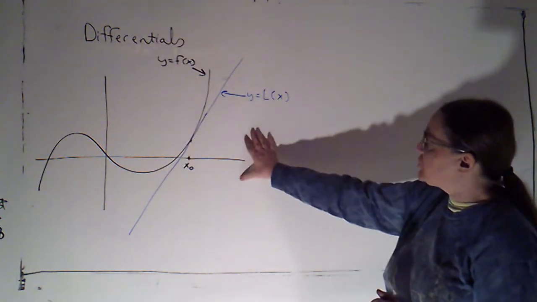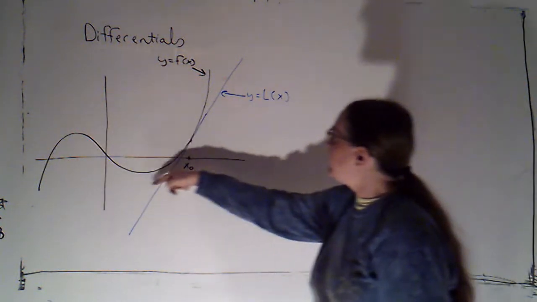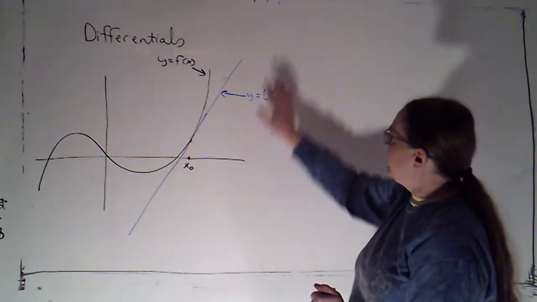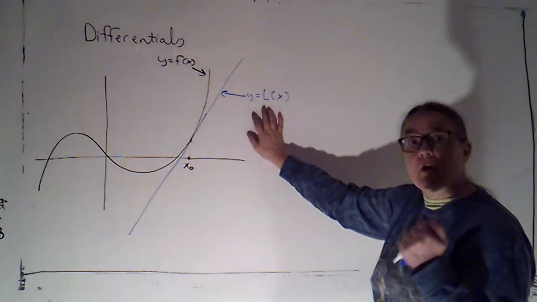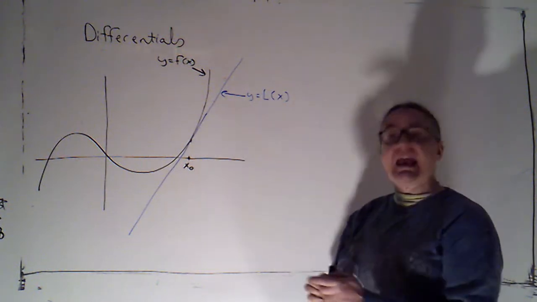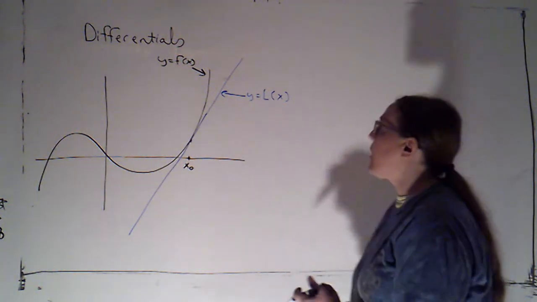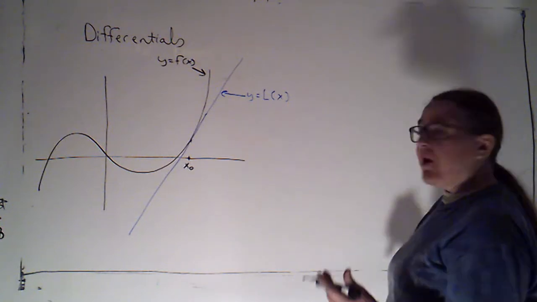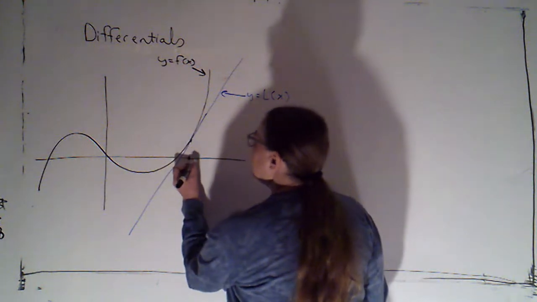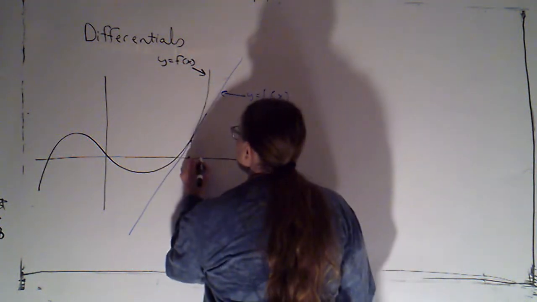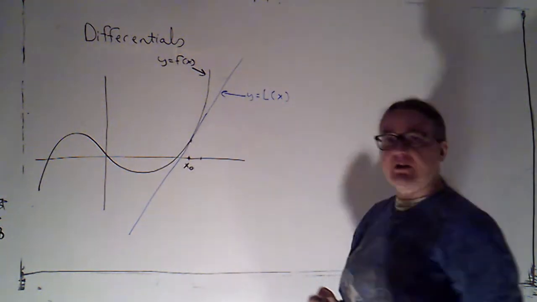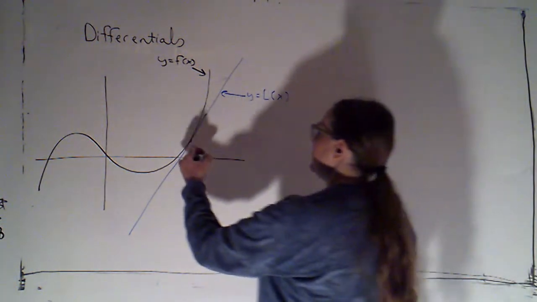All right, so I've got a picture up here. We've got y equals f of x, this lovely curve. y equals L of x is the tangent line, or the local linear approximation of that curve at this point x naught. So far we've been focusing on what happens if you pick a nearby point and you wanted to calculate the value of the function there.